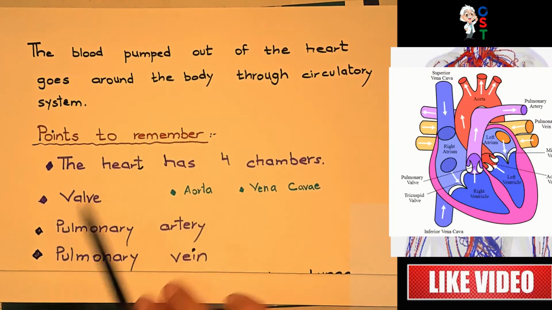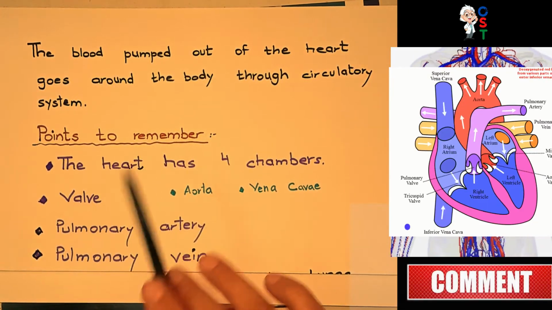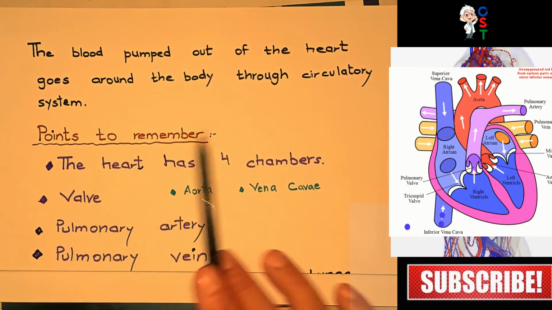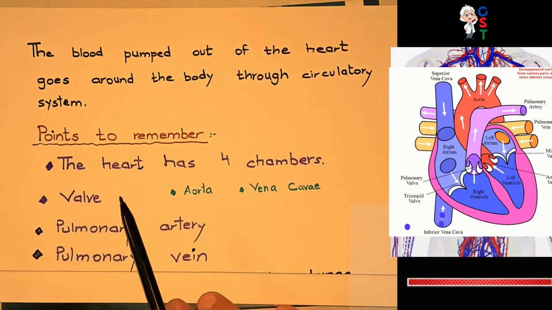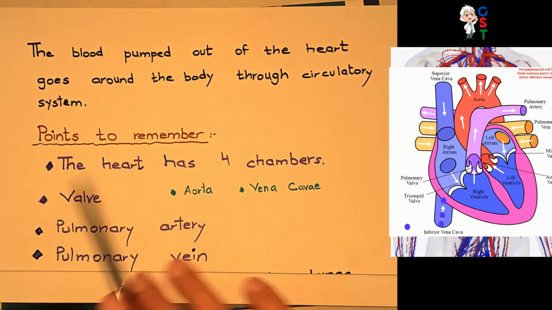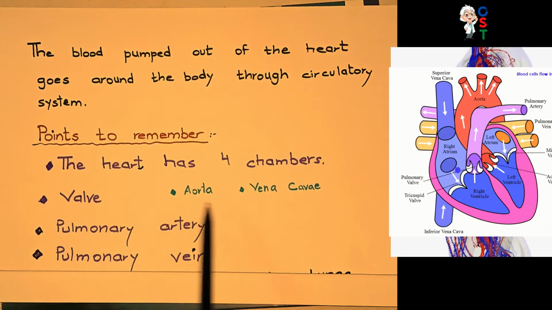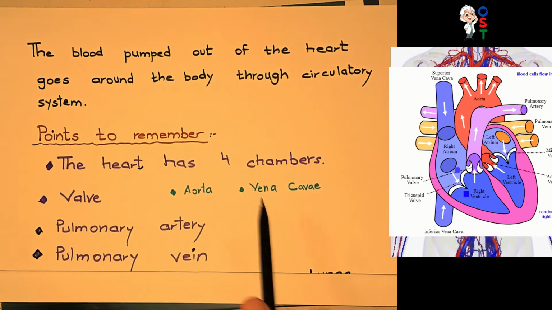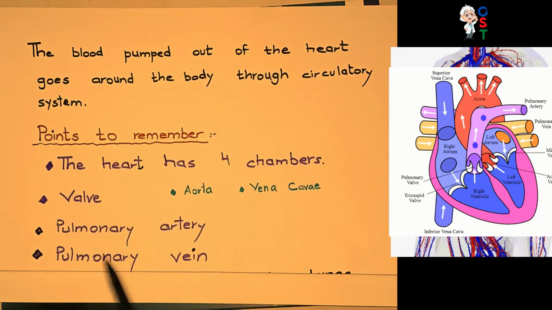Valves are the openings, or you can say the doors, between atrium and ventricle, then ventricle to pulmonary artery, then left ventricle to aorta. So there are 4 valves. Aorta is the main artery. Vena cava collect the blood from the upper and lower body parts.